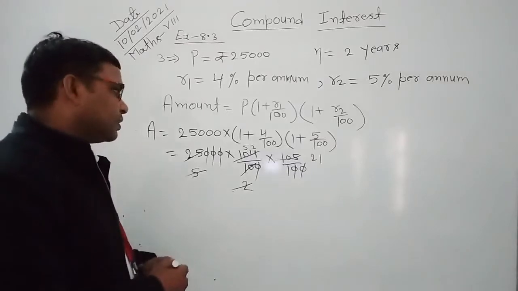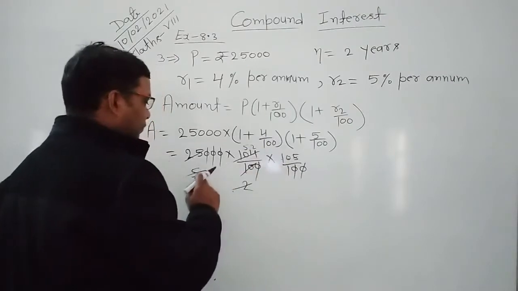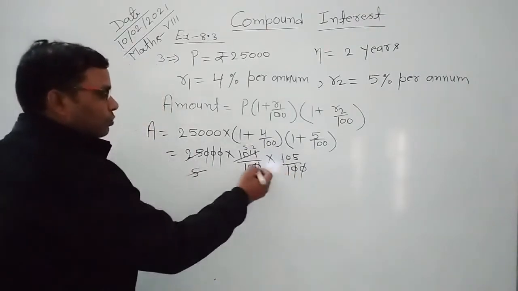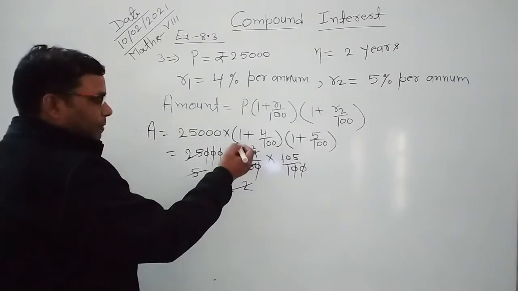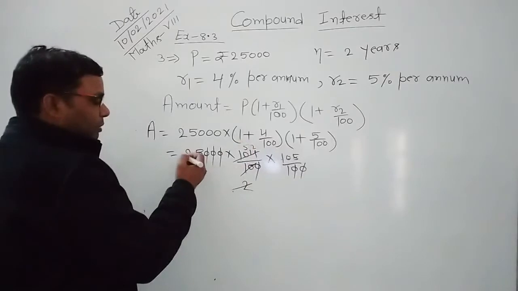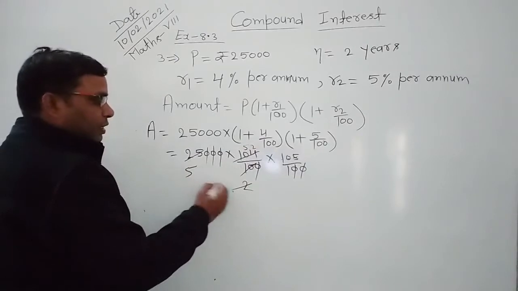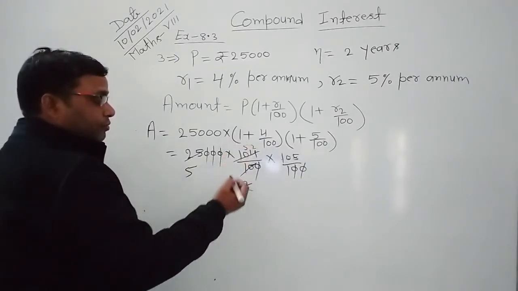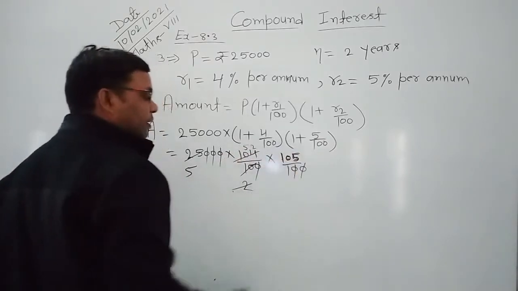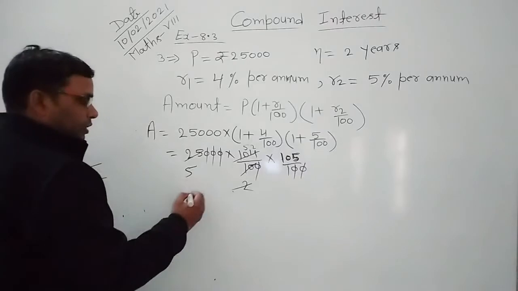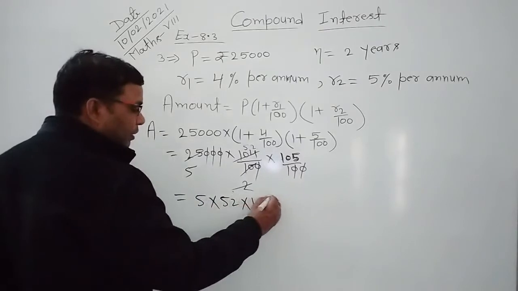So student, here you can see we cancel the zeros, and 5 into 10 and 5 into 50. Here we have 5, and if you cancel it by 2, then you get 52, and here we have 105. Now after cancelling, we have 5 into 52 into 105.